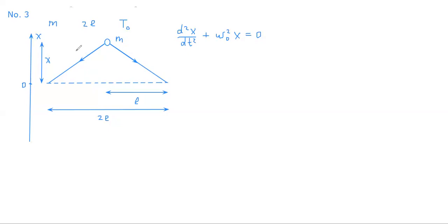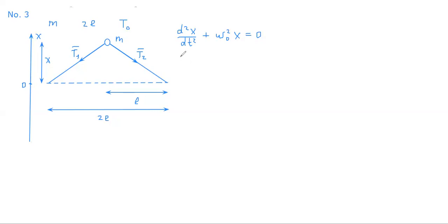So here we have T1, T2. We have to use different designations because these are different vectors, but they have the same absolute values.